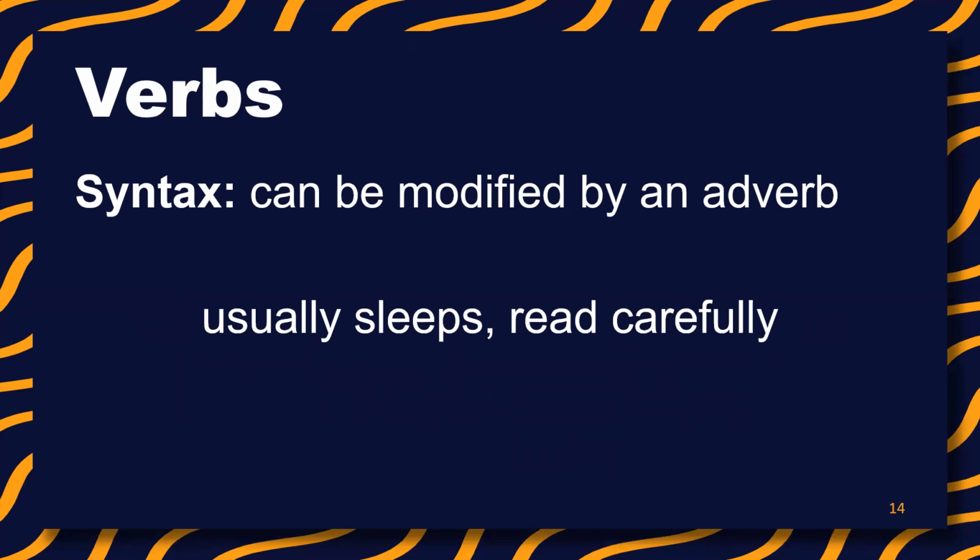How often, kumbaga. So usually, it normally happens or it typically happens. So "read carefully," as I have told you in the word order discussion and adverbs as well, our verb here is read. Our adverb is carefully. So carefully is an example of adverb of manner for this example.